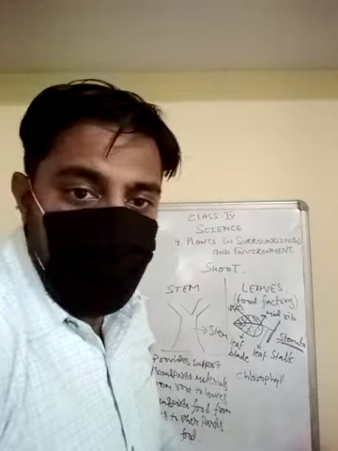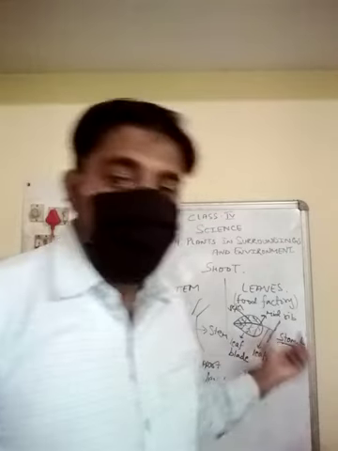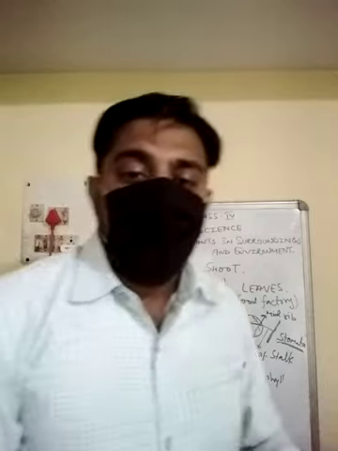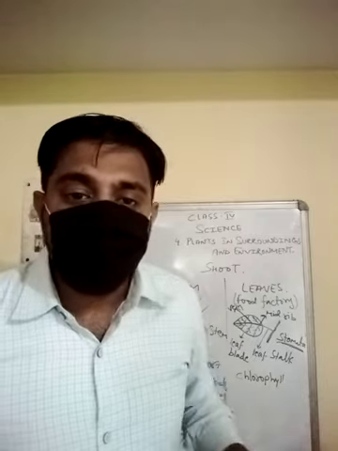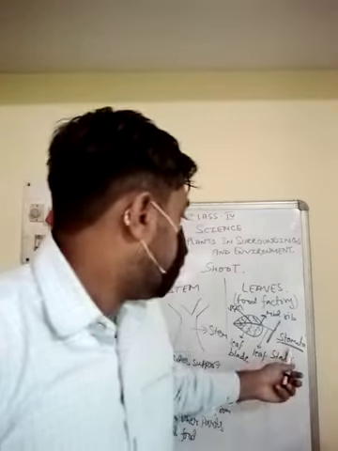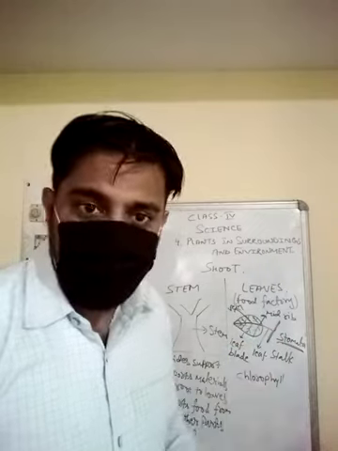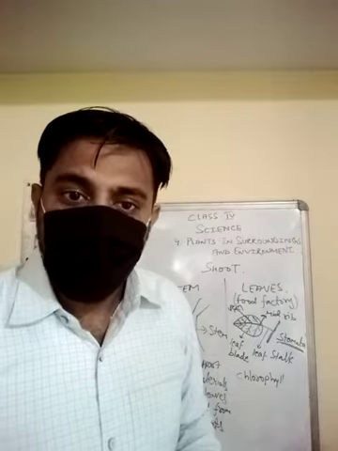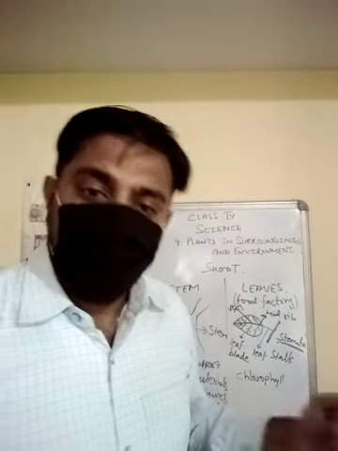S-T-O-M-A-T-A, stomata. Remember, with the help of stomata only the leaves are able to do gaseous exchange. You can say what function the lungs have in our body, the same function is undertaken by stomata in leaves. Regarding function, I have already told you the main function of leaf is to prepare food for the plant. Apart from that, there are a few more functions which we will be reading.